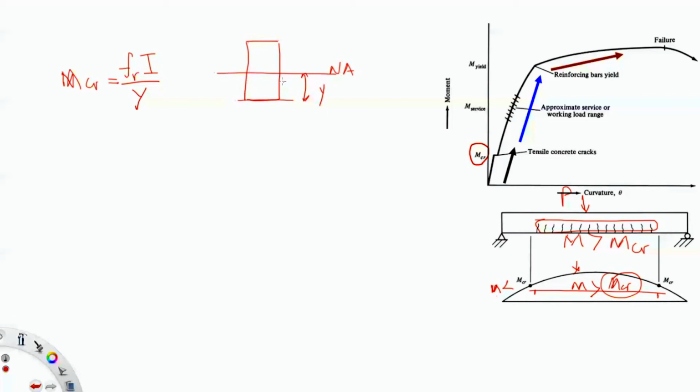When the tensile stress at the bottom of the beam reaches the modulus of rupture, that means the stress applied on the beam is starting to exceed the tension properties of the concrete, because modulus of rupture is about tension, right?